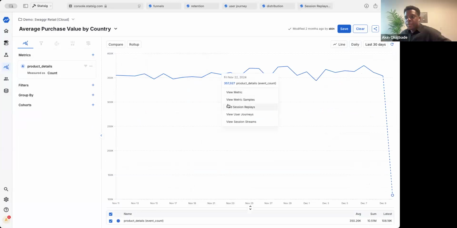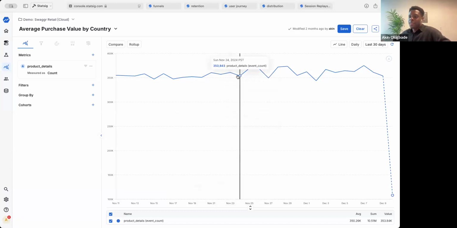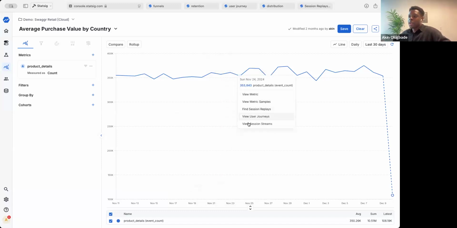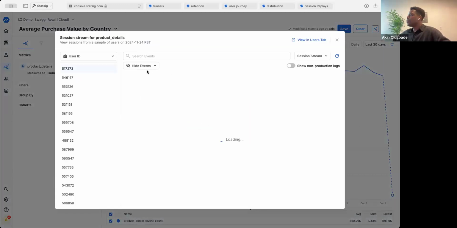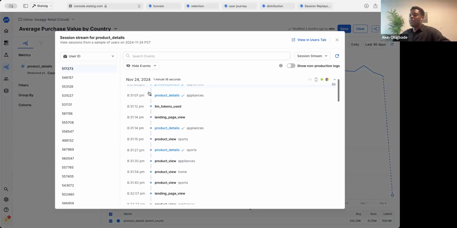Yeah, just to give you a taste of some of the integrations that we're thinking of. For any event that happens, one thing you can do is look at session streams. This is a great way of understanding what a user journey looks like at the user level.